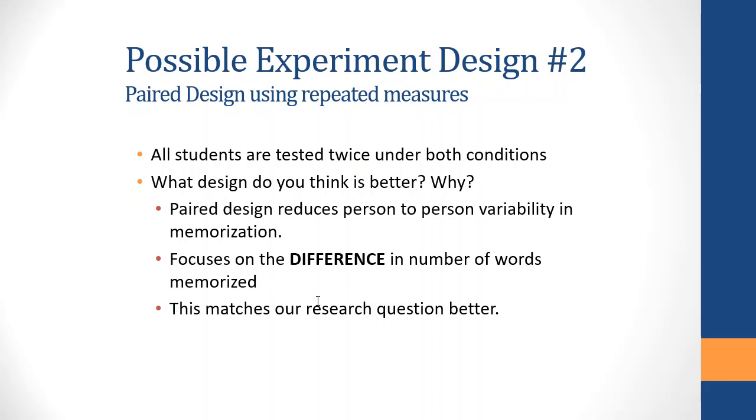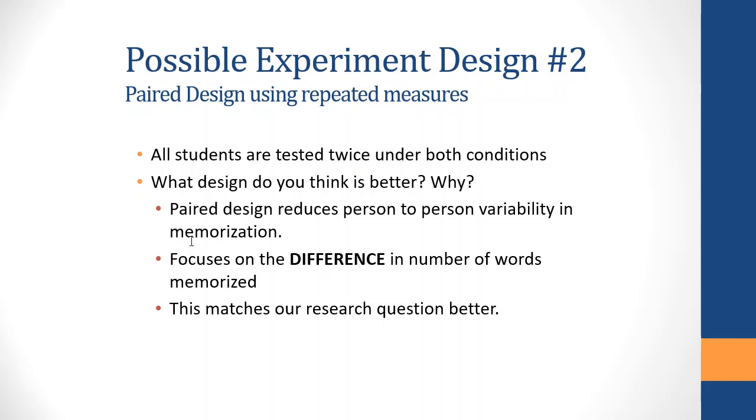And this design is better in certain ways because it's the same person in each group, right? The same person gets tested twice, so that person has a certain amount of memorization ability, and then you get that same person with music with lyrics and with music without lyrics.